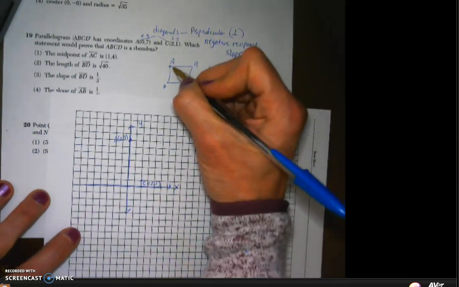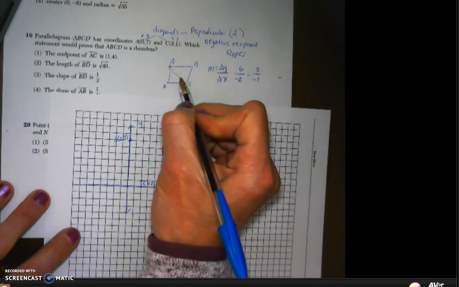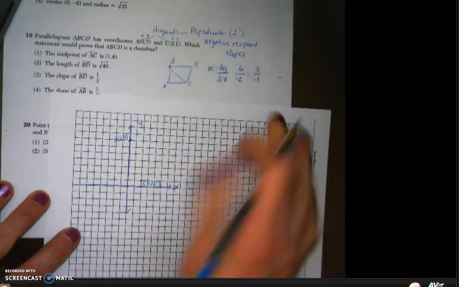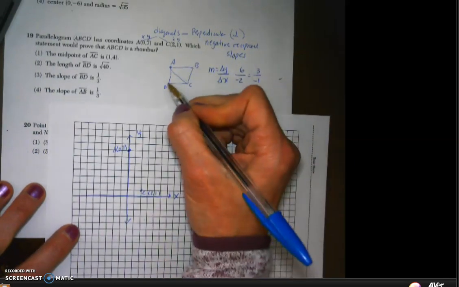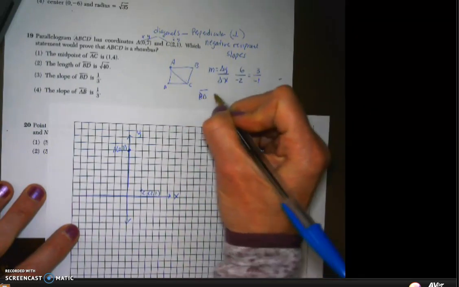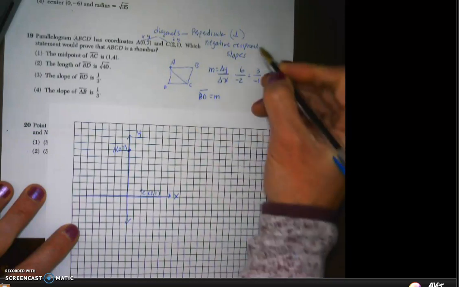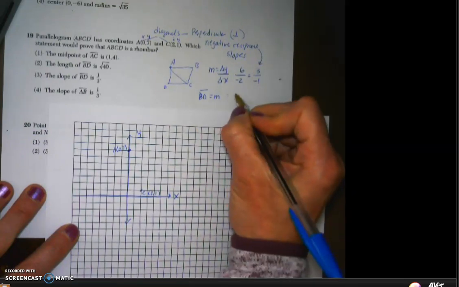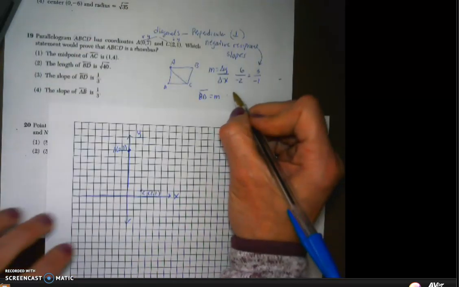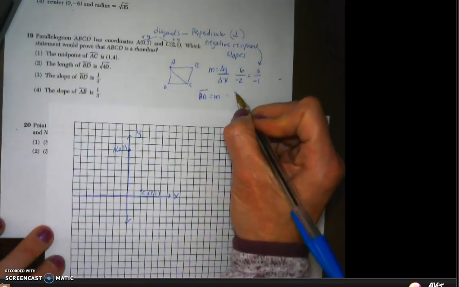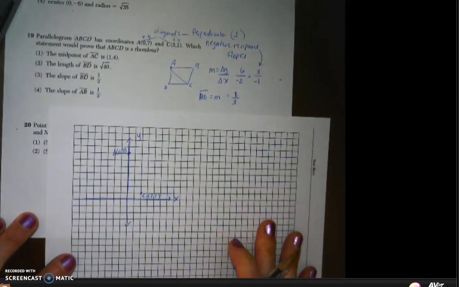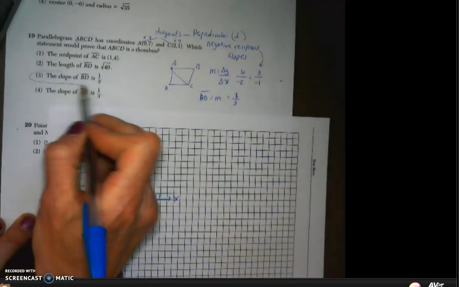So I know that the slope of this diagonal is going to be up 3, negative 1, which means that the slope of line segment BD, the other diagonal, is going to be the negative reciprocal. Instead of negative, positive, and then reciprocal means to flip the fraction, so 1 over 3. So therefore, the answer to this question is going to be choice 3.